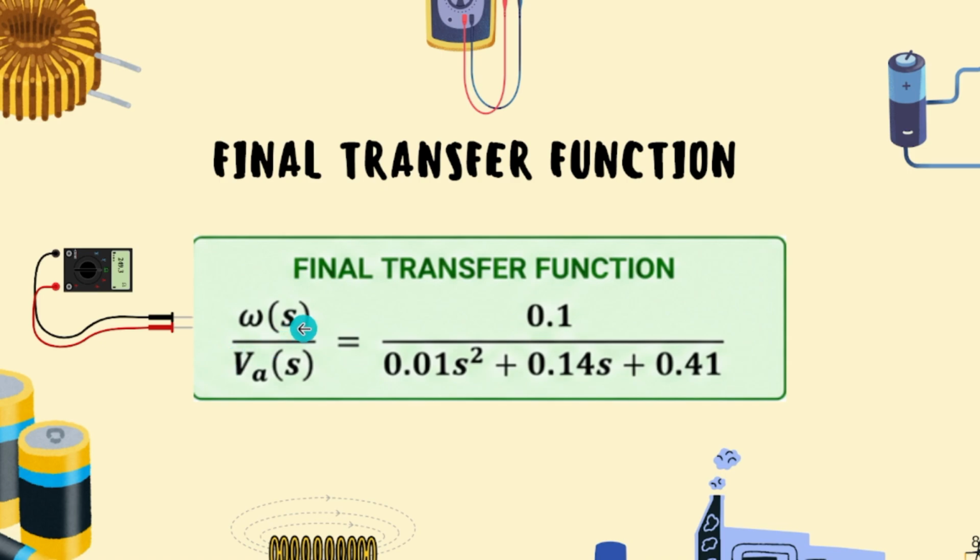The numerator represents the motor gain, while the denominator represents the dynamic behavior of the system. Using this transfer function, we can analyze the stability and response of the DC motor.